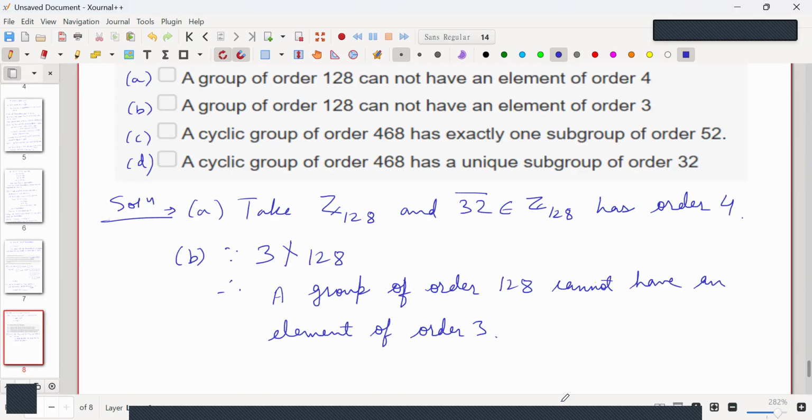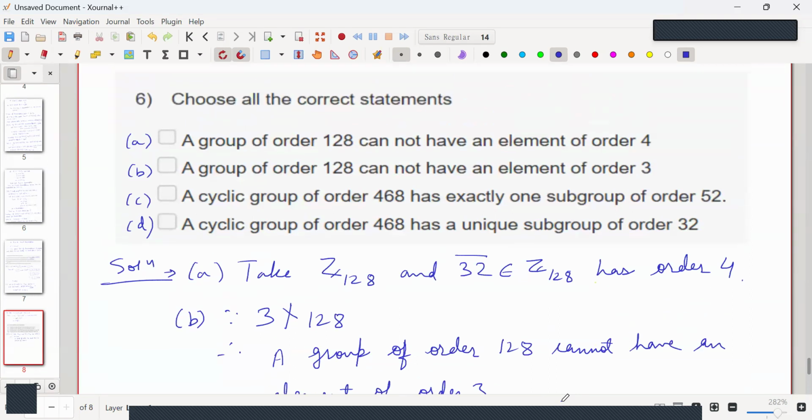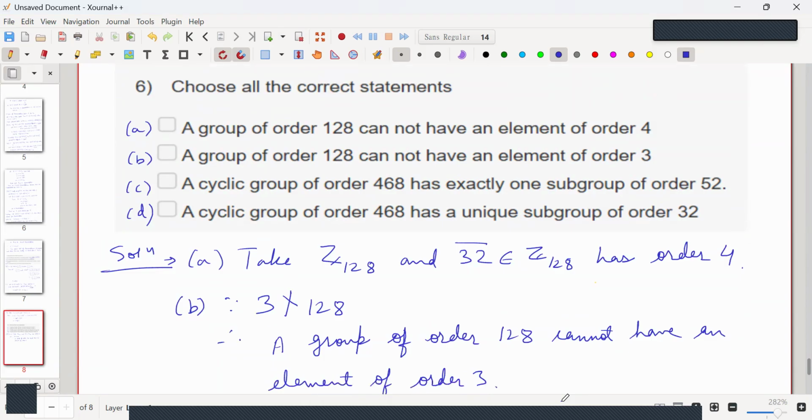For any cyclic group, there exists a unique subgroup corresponding to each divisor of the order of G, and those are precisely the subgroups of the cyclic group. So here 52 is dividing 468, right? How many times? 9 times, right? Yes, sir.